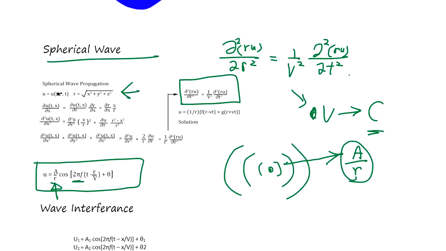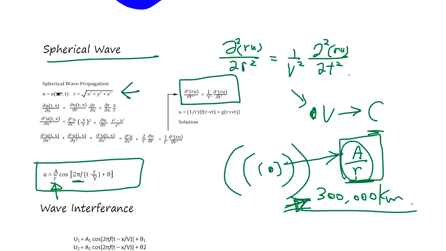Okay, so when you send a signal to the moon, suppose you send a probe to the moon, 300,000 kilometers away, and the microwave signal is going to attenuate by this function. So it's going to be a very, very faint signal. So you have to use a large, high power antenna to send.